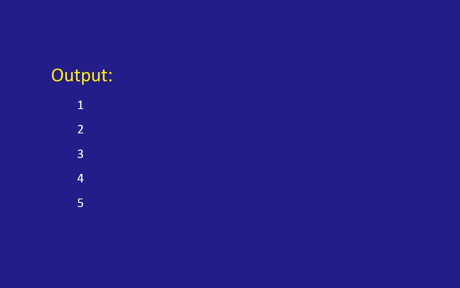That's why this series of numbers, 1, 2, 3, 4, 5, is printed. Suppose in this program you want to give a decrement to the running variable, then instead of the plus plus sign you can use the minus minus sign. The output will be displayed as 5, 4, 3, 2, 1, like this.